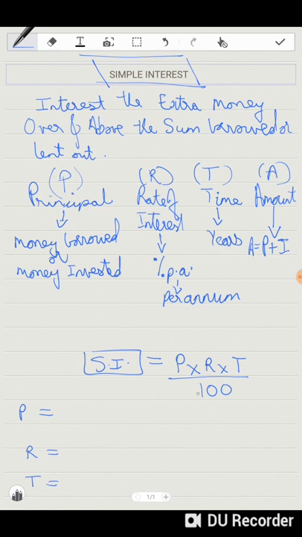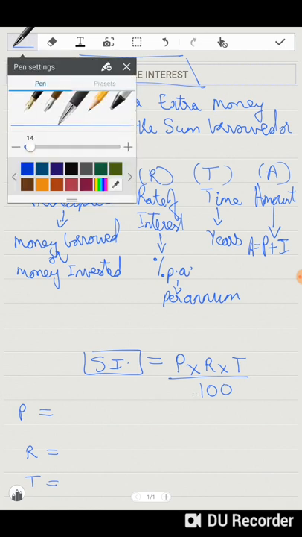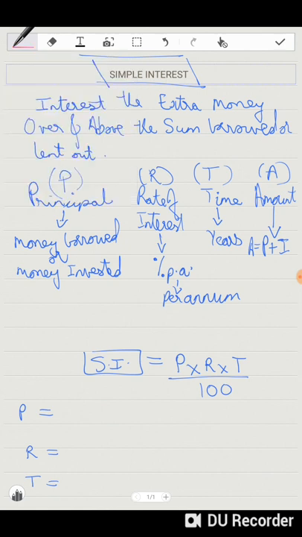So if I take 100 over to the left hand side, it will become SI into 100. Since I want to find the value of P, I'll let P be here and take R down here and T down there.